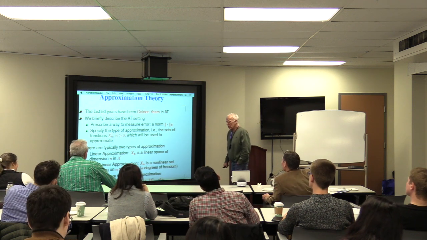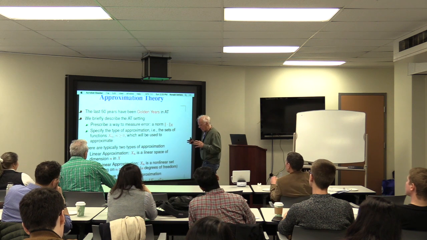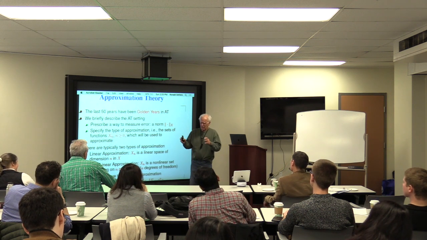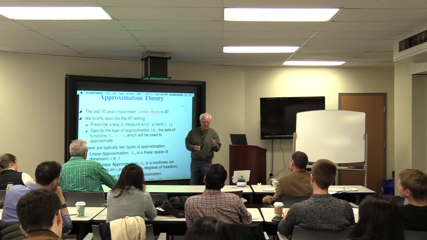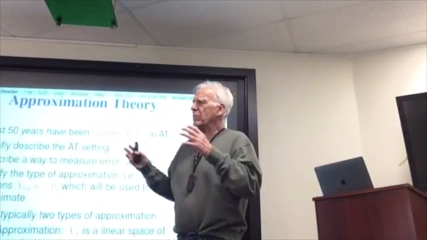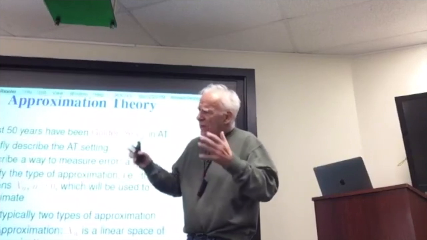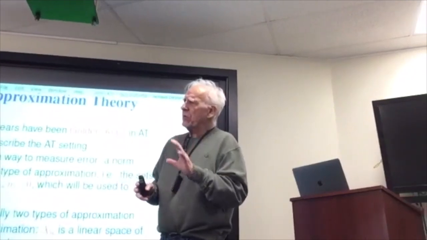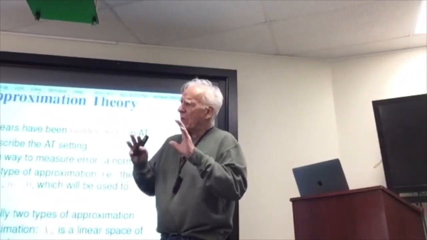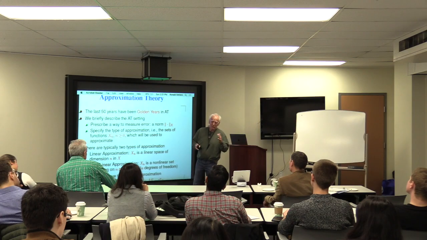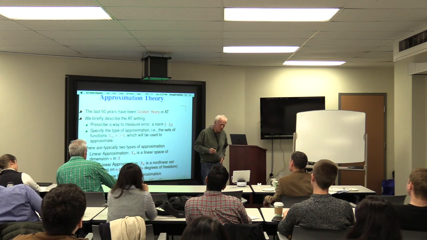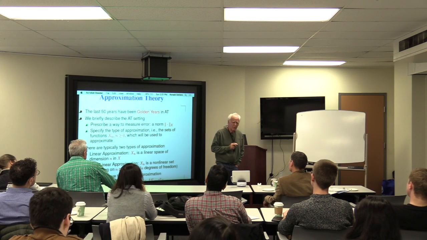But anyway, you have the idea that you're going to take this function and you're going to give a simpler representation of this function. And the simpler representation is to take some space of low dimension, hopefully, and represent f in a space, and hopefully accurately. So how accurately can you represent f?